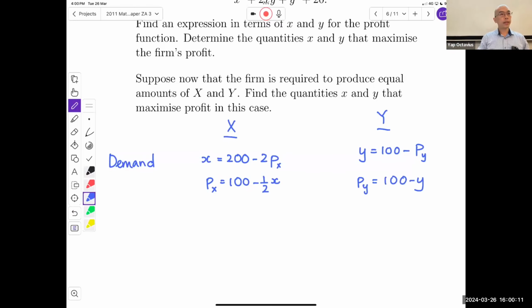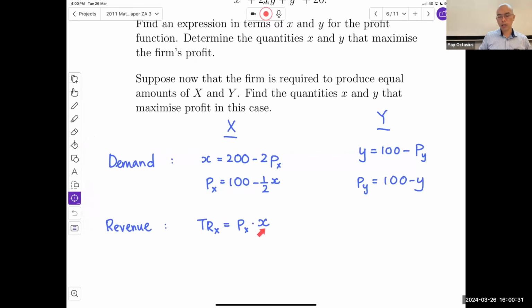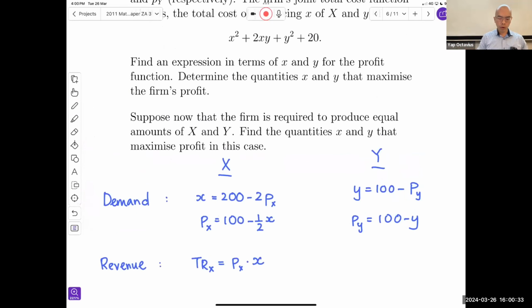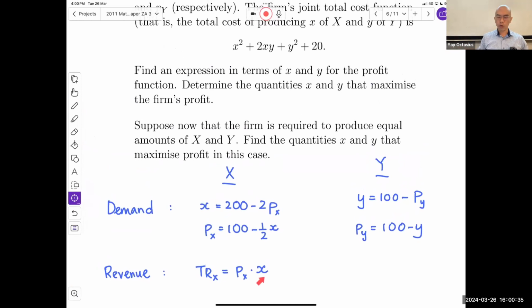So that's demand. Now we calculate the individual revenue. So for the X, the total revenue from the X is PX multiplied by the quantity of X. Here they say quantity is X, so we follow. This structure doesn't differ too much from your econs also. So PXX plus PYY.